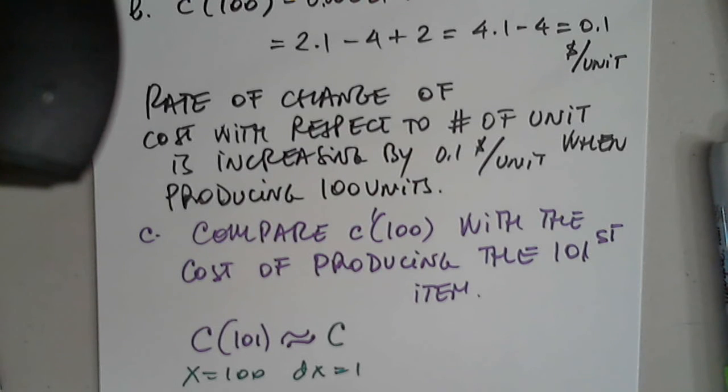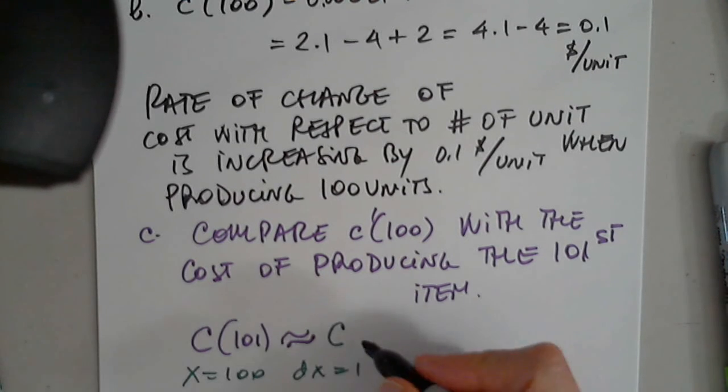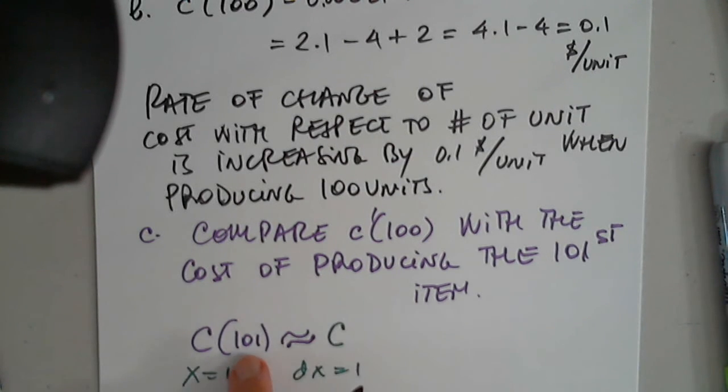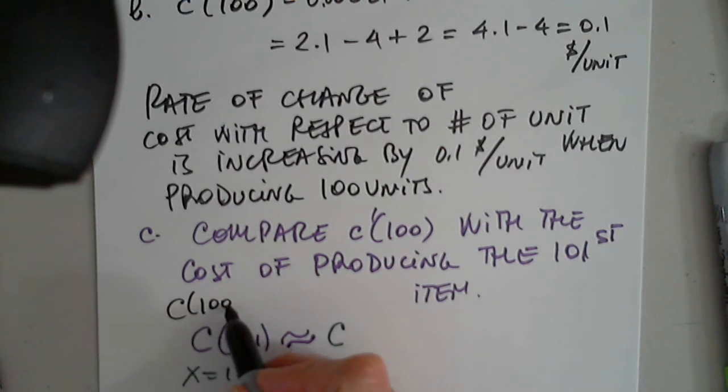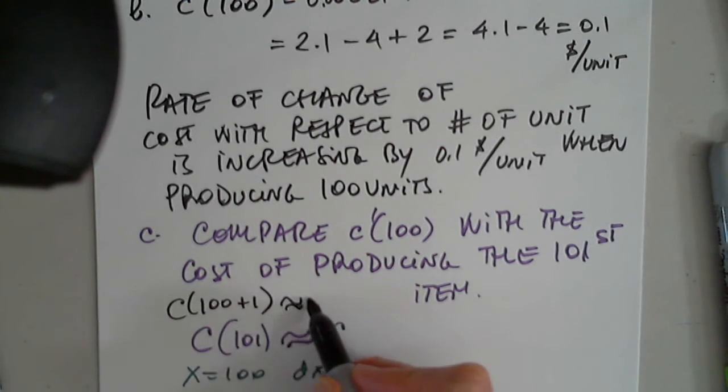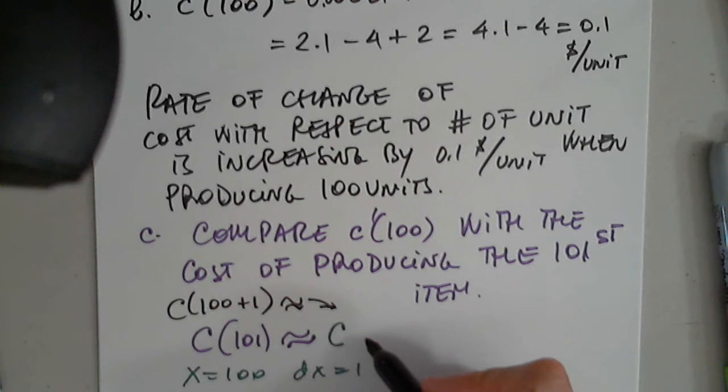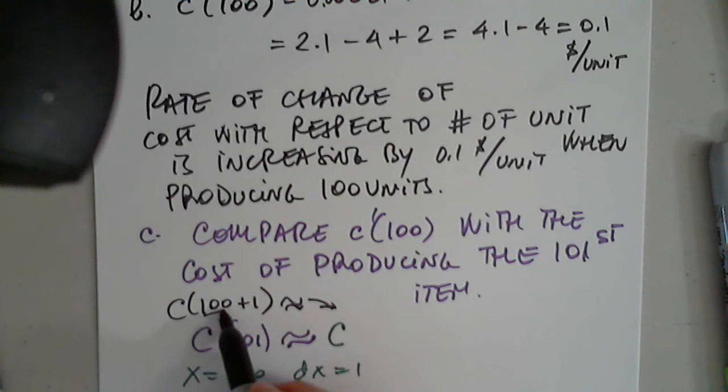Who would like to help? Is it just like 100 plus 1? Ready? C of 101 is going to be 990.1. So x is 100, dx is 1, and we want to use the formula from last time.